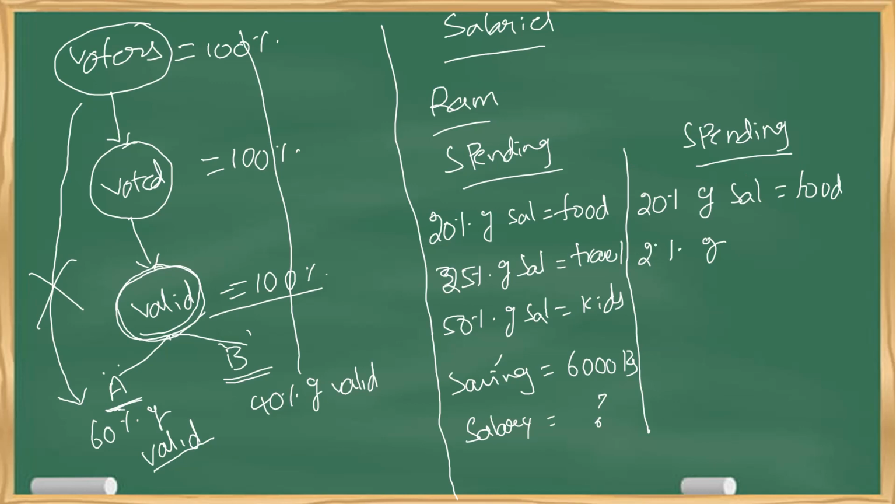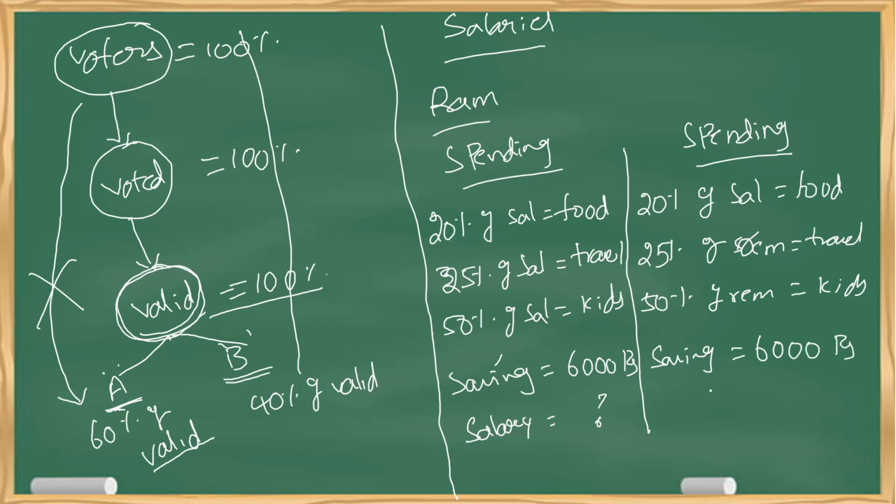Now 25% of remaining on travel. Next, 50% of remaining on kids. Now he saves 6,000 rupees every month. Then what is the salary?